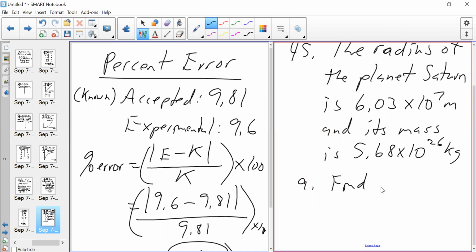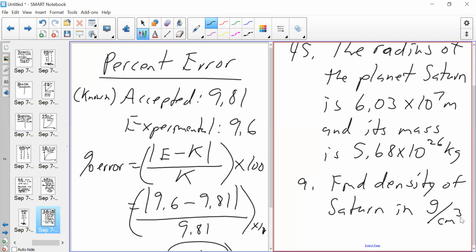You know from chemistry, density is mass over volume. You have the mass, now you need the volume, and you're going to assume that Saturn is a sphere, perfectly, which it isn't, but assume it is. Find the density of Saturn in grams per cubic centimeter.